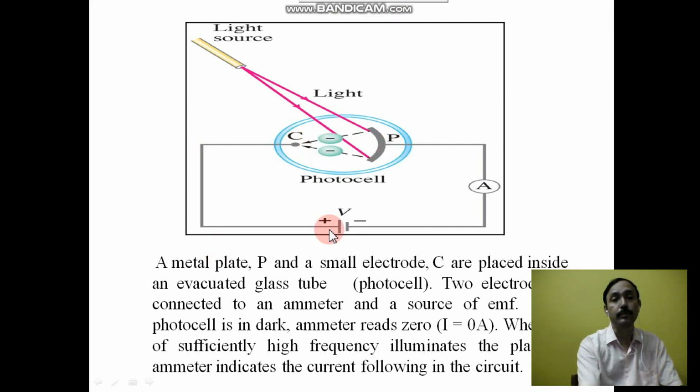C is connected to the positive terminal of the battery, P is connected to the negative terminal of the battery. Now the ammeter is connected in series. This is placed in an evacuated chamber.